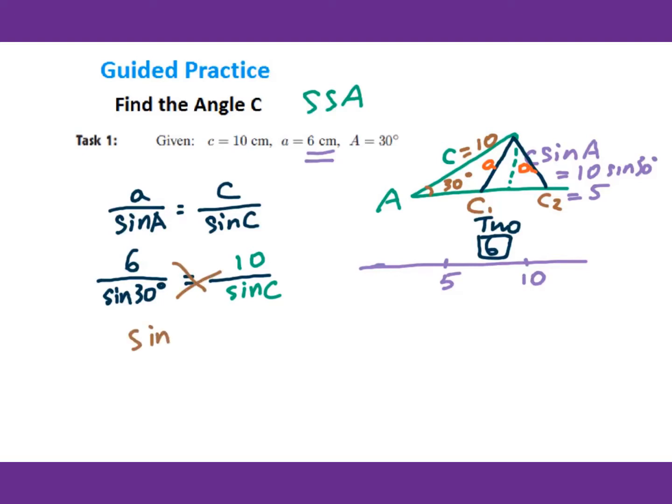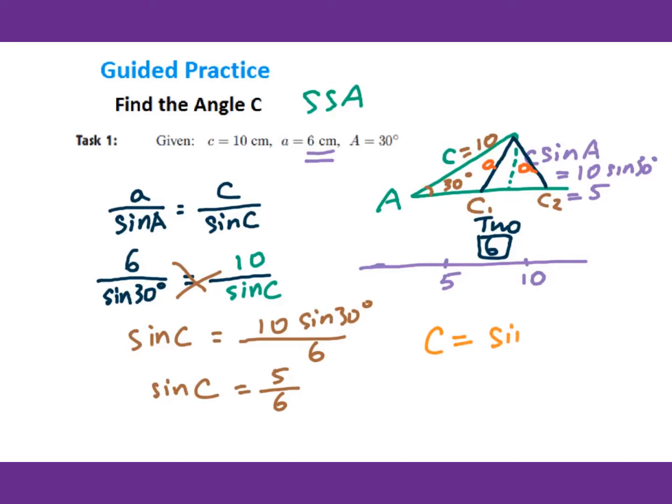We got sine C equals 10 sine 30 degrees over 6. We got sine C equals 5 over 6. Therefore, angle C equals inverse sine of 5 over 6.